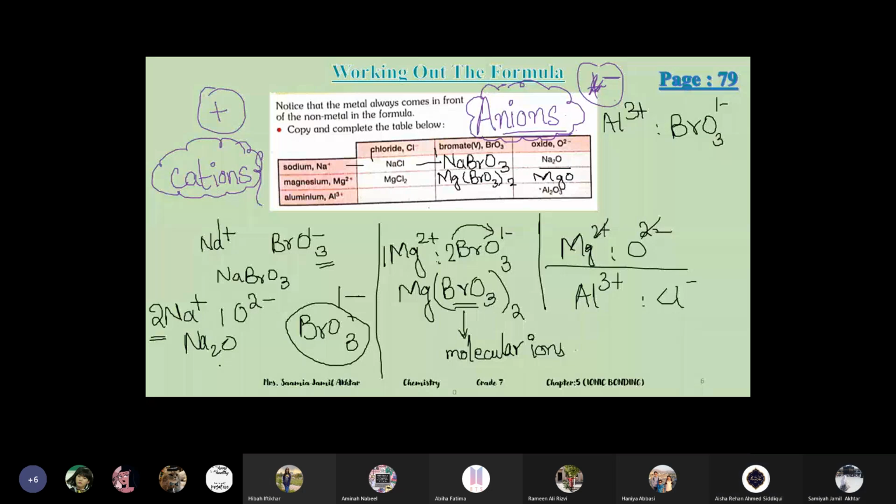In magnesium bromate also, you wrote 2 with bromate to balance magnesium, so bromate will become 2. For aluminium chloride, you did? Yes. And do aluminium bromate also.